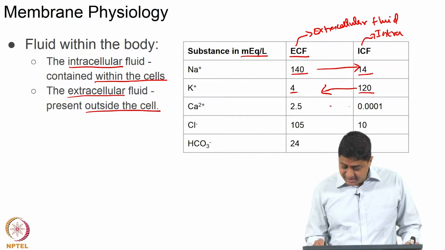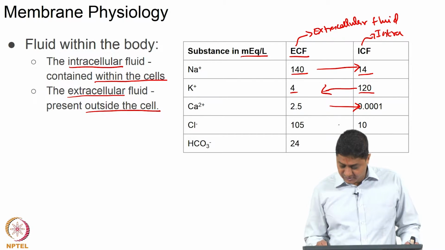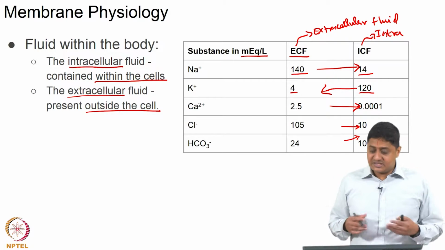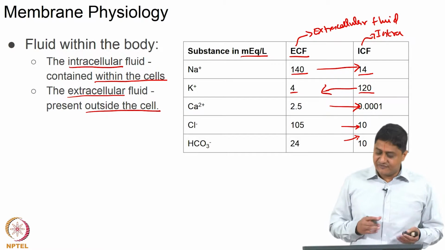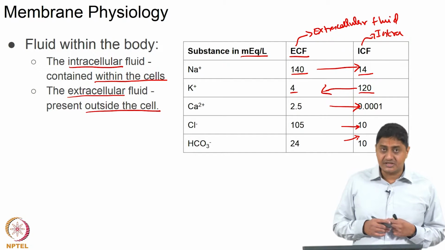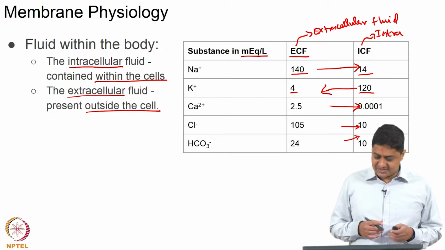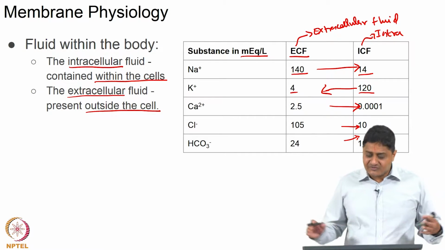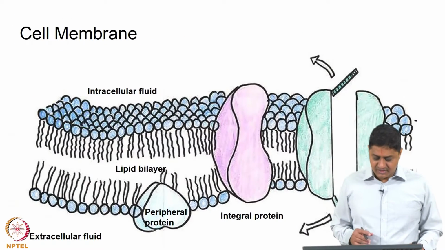Likewise, for calcium the gradient is in that direction, for chloride the gradient is in that direction, and for this the gradient is in that direction. So, different substances may be transported in different directions depending on the concentration gradient for those substances. How is this transport happening? We will form the discussion for the first few lectures, right.